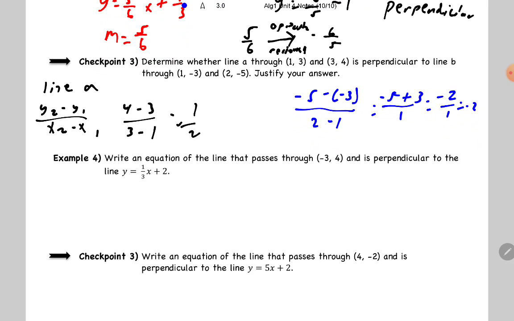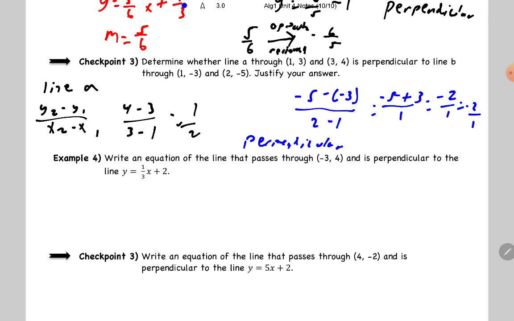Okay, so that's 1/2 and -2. Are they perpendicular? Because 1/2, if you flip it, becomes 2/1, and then if you make it opposite, it becomes negative. So they are perpendicular.